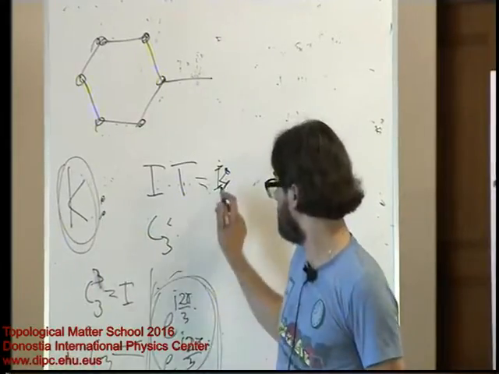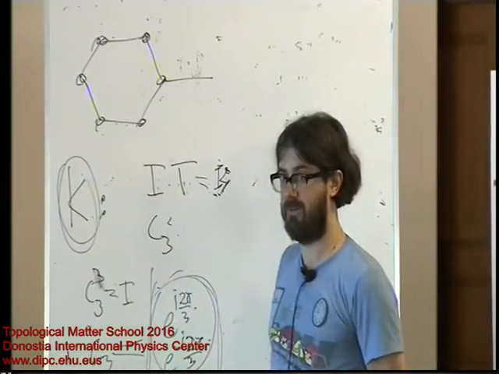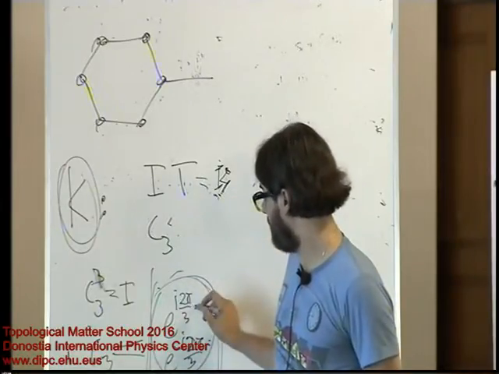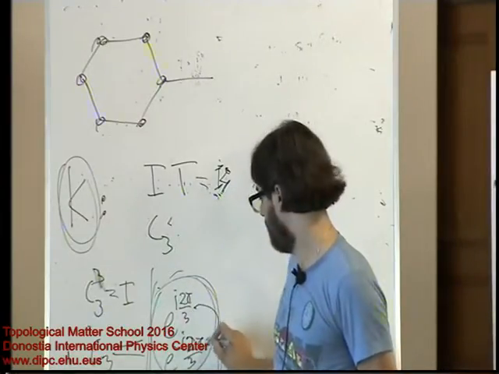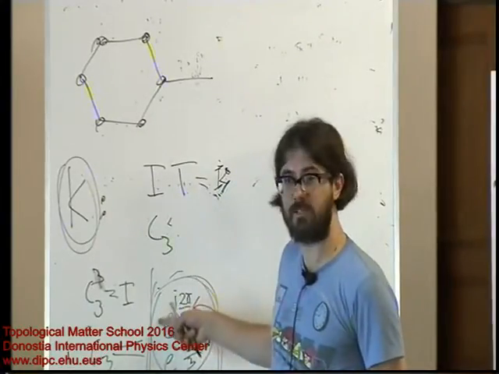And the answer is, because complex conjugation is also a symmetry of the Hamiltonian here, complex conjugation tells me that this and this are the same energy. Because complex conjugation relates this and this.